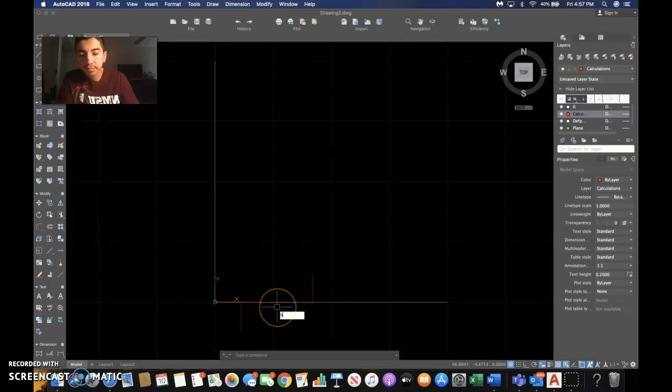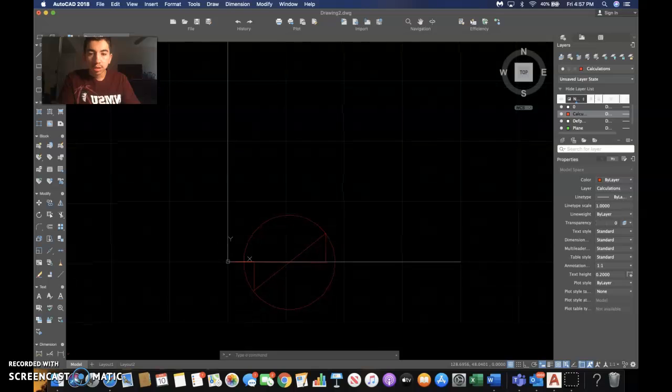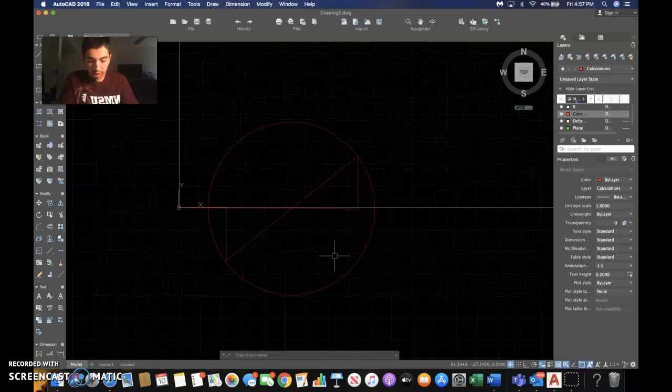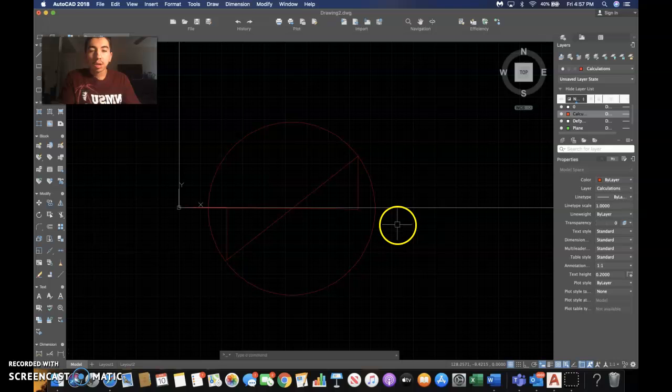Okay, so now I'm going to connect those 2 points and then draw the Mohr circle. So the first question is to find the principal stress, I believe, the maximum principal stress. Okay, so that's, oh wait, hold on.